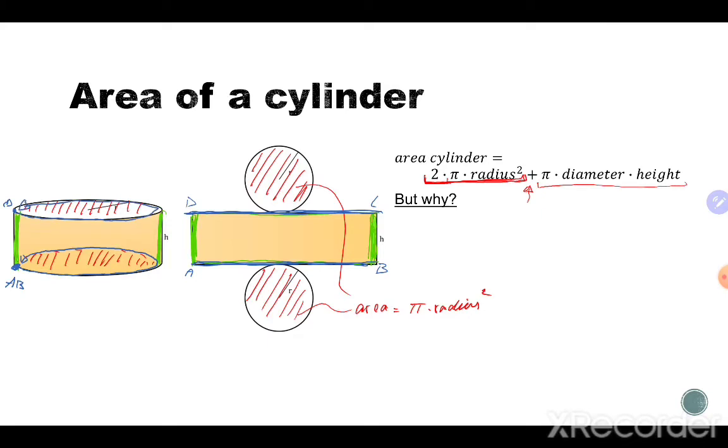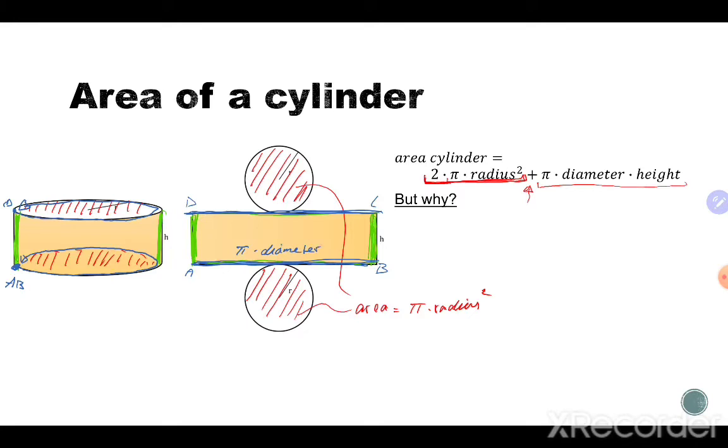If you take an A4 paper or a toilet roll and cut it out along the height, you will find a rectangle. So that length here, the blue line, is also the circumference of the circle. And the circumference of the circle was pi times the diameter.